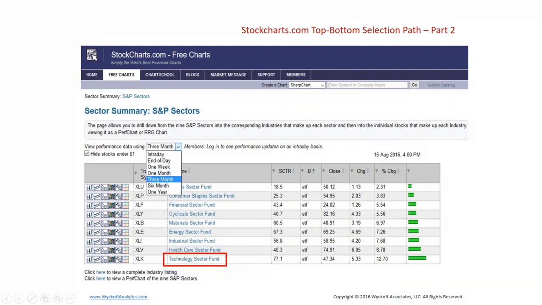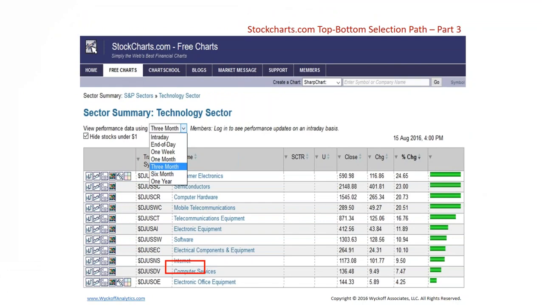So we want to go into the details of that particular sector and start looking at what, in a specific period of time, is outperforming in that sector. And here are all of the groups that StockCharts has for the technology sector, and we naturally would be inclined to go into this area right here.